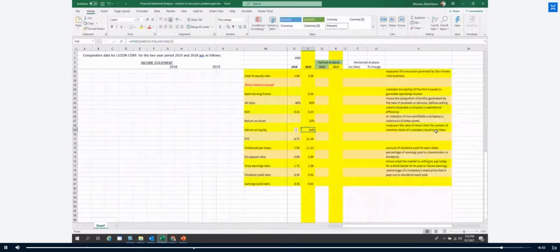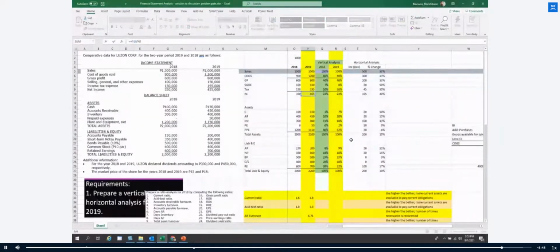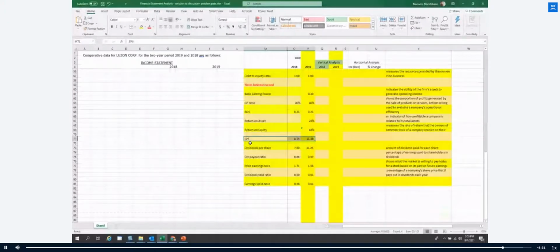EPS, the earnings per share. So we have your net income. Where did I get the 40? Let's go back to our formula for EPS for illustration purposes.